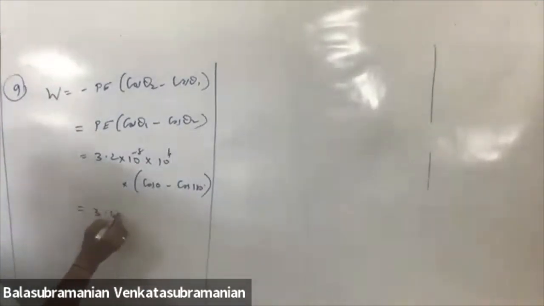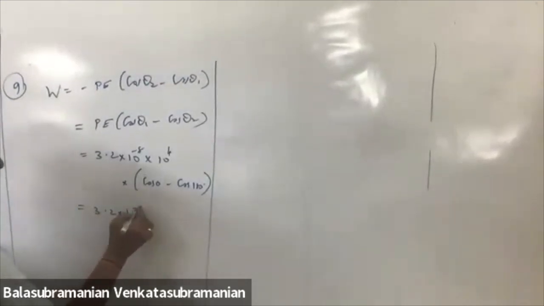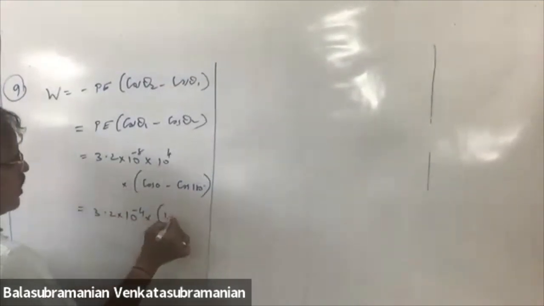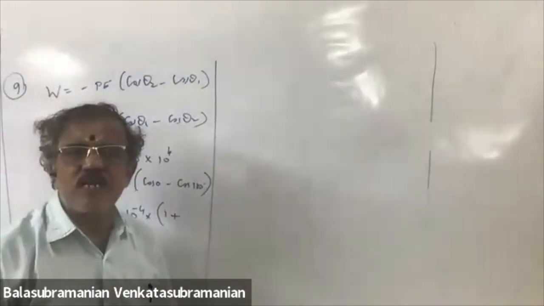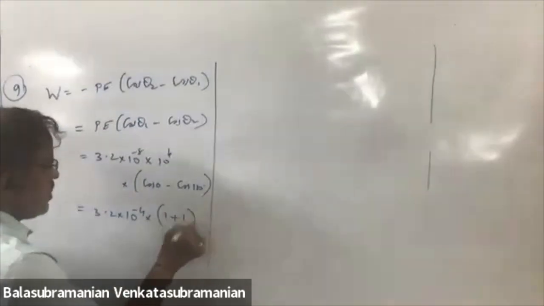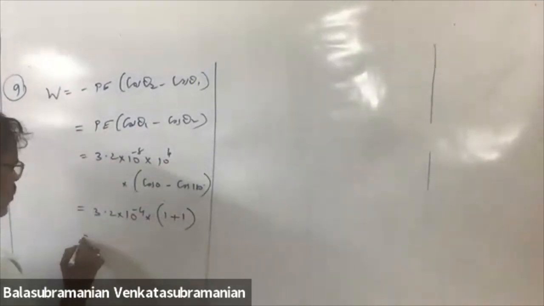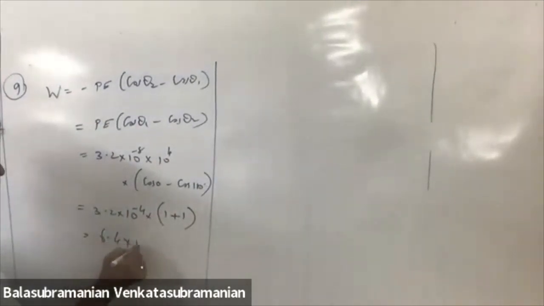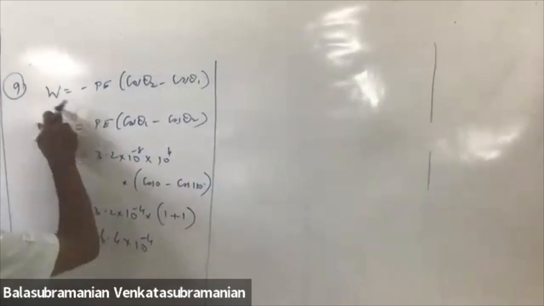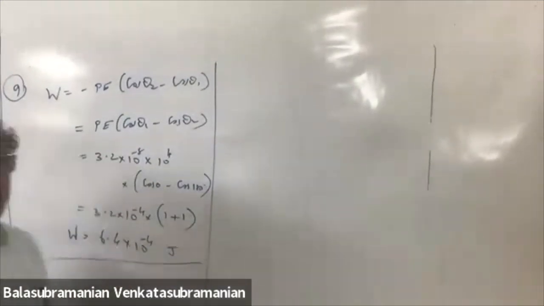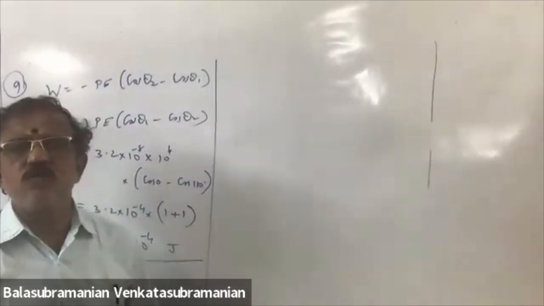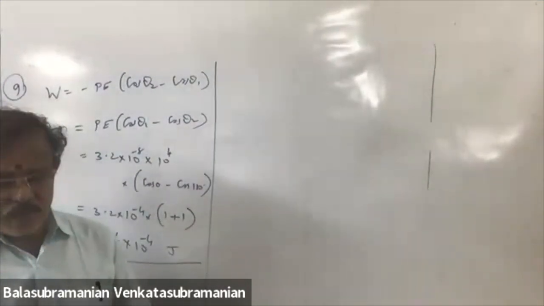So I can write 3.2 10 power minus 4, 1 minus of minus 1. Cos 180 is minus 1, so it will become plus 1. 2 into 3.2, 6.4 into 10 power minus 4. This is work done. So I can write 6.4 into 10 power minus 4 joules. Straight problem.